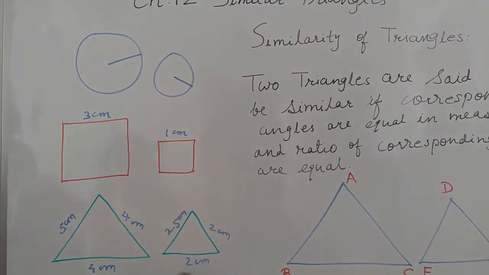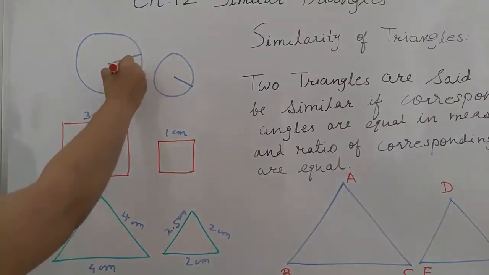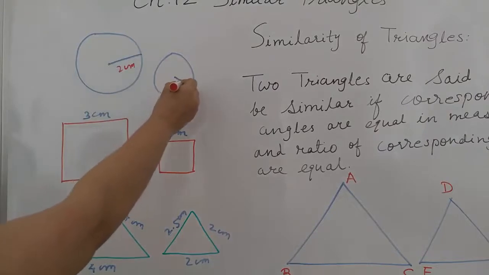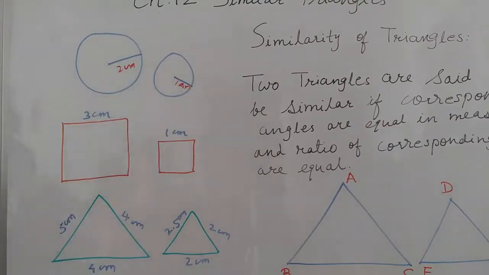Its sizes are smaller than the bigger one. Also, in the first circle the radius is 2 centimeter and here the radius is 1 centimeter. So, students, you can understand that if two shapes are the same but the sizes are different, we can say they are similar figures. Now in this chapter we are going to learn about similar triangles, which is very important to understand this concept.